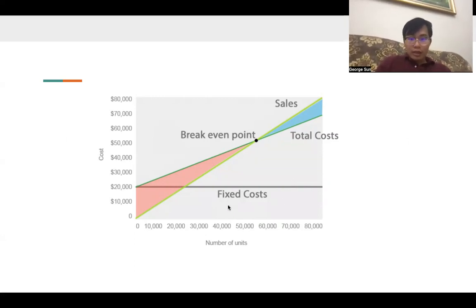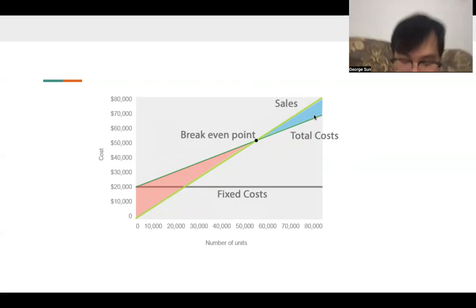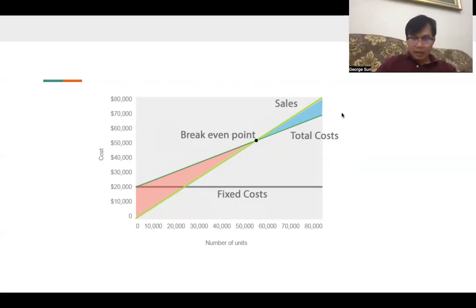As we can see here, there are two shaded areas, one blue and one red. The bold green line is the sales, and the darker green line is the total cost.